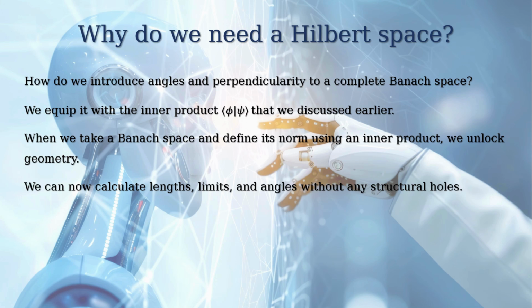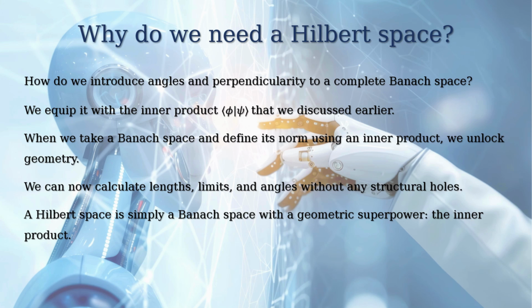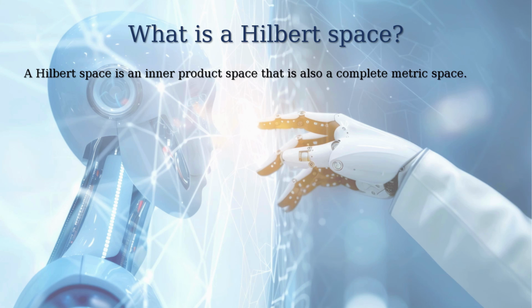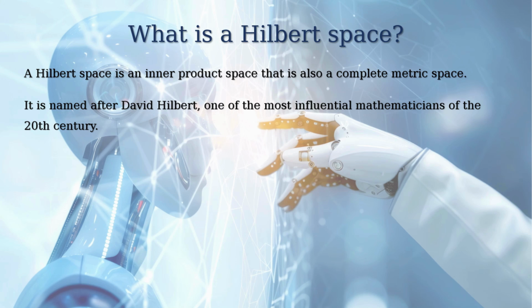We can now calculate lengths, limits, and angles without any structural holes. A Hilbert space is simply a Banach space with a geometric superpower, the inner product. So, a Hilbert space is an inner product space that is also a complete metric space. It is named after David Hilbert, one of the most influential mathematicians of the 20th century.